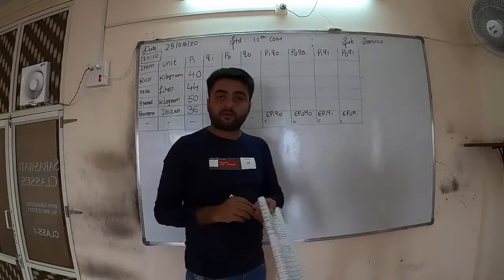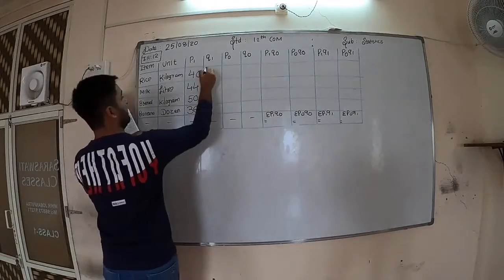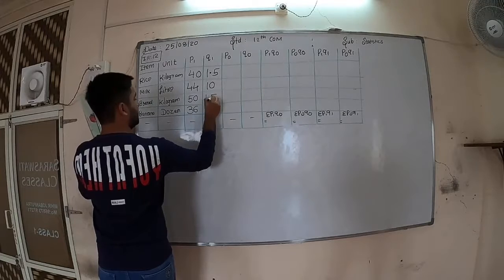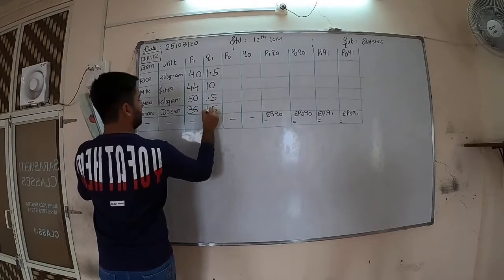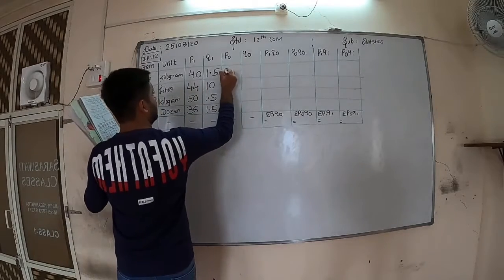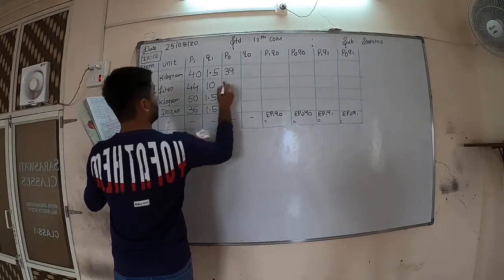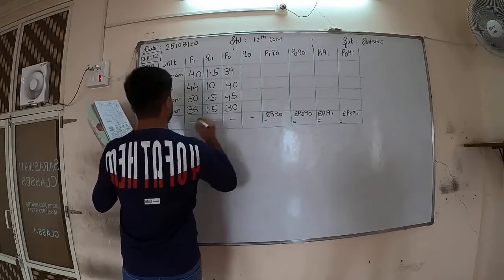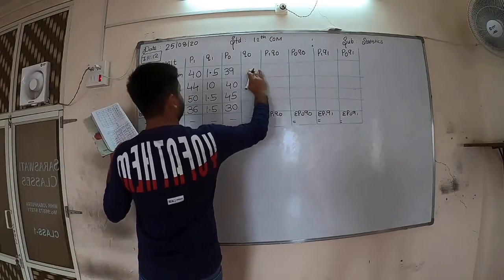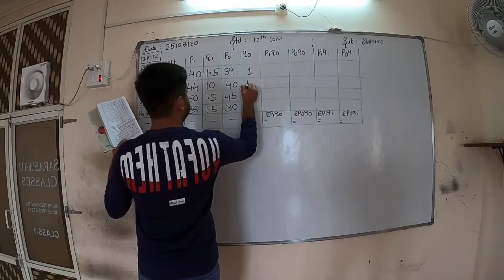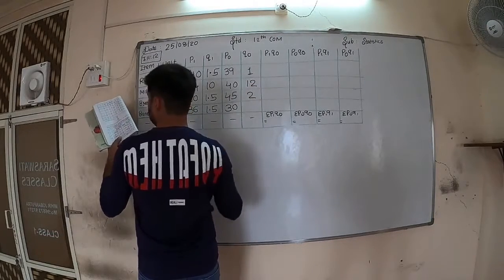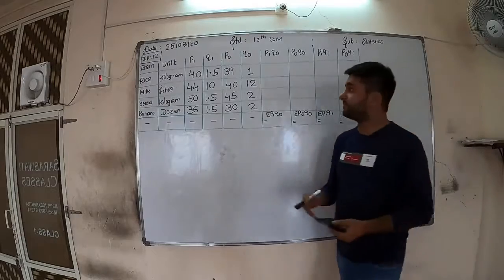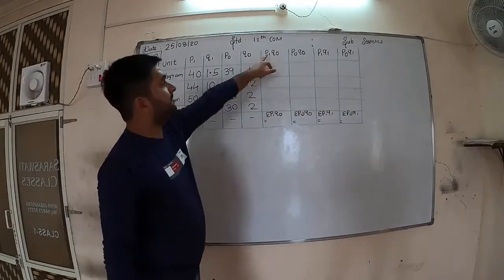Now whenever writing the quantity, do not write its units, just write like this only: 1.5, 10, 1.5, again 1.5, 39, 40, 45, 30, then 1, 12, 2, 2.